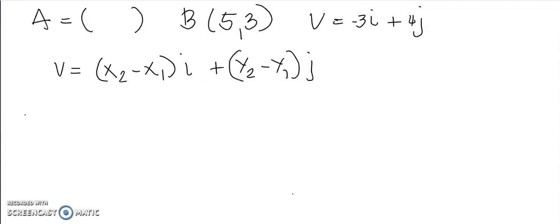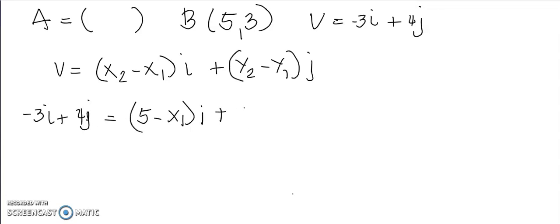So given negative 3i plus 4j as our vector, we are looking for x1 and y1, so this will be our x2: 5 minus x sub 1 i plus 3 minus y1 j.